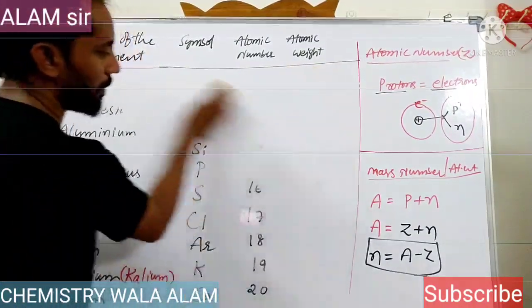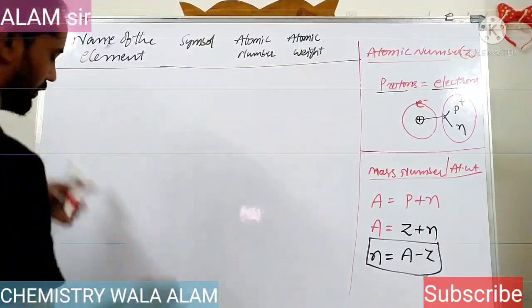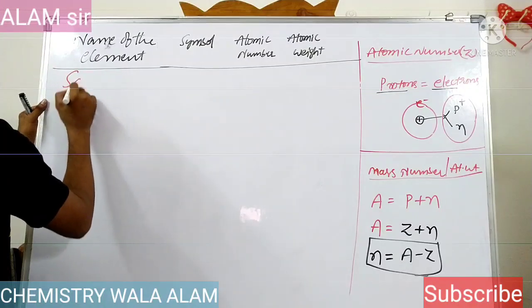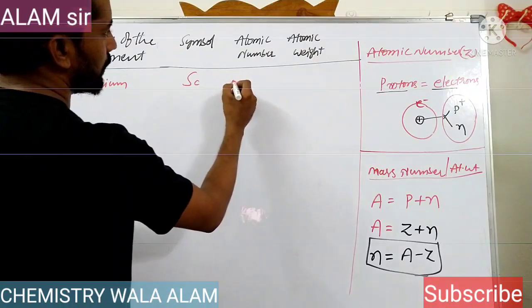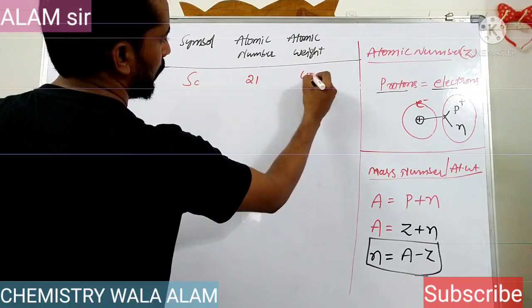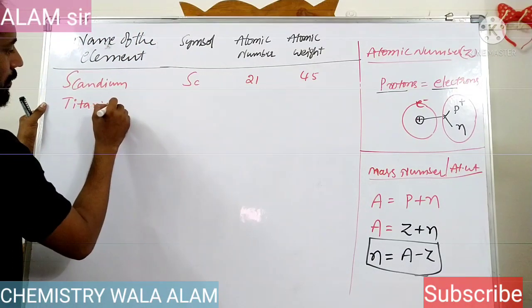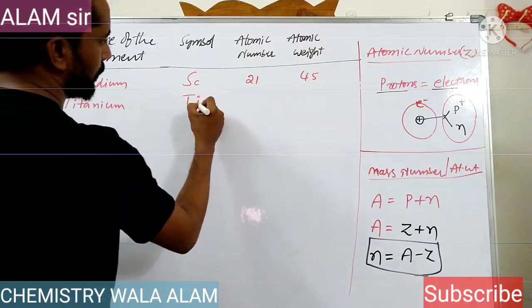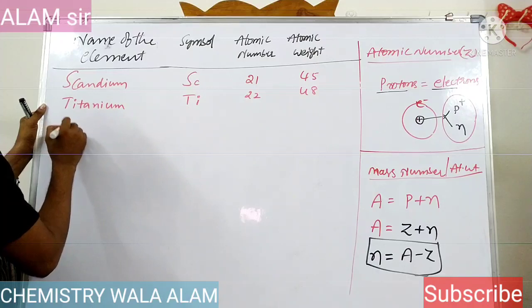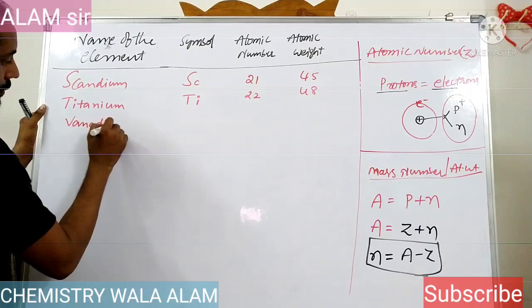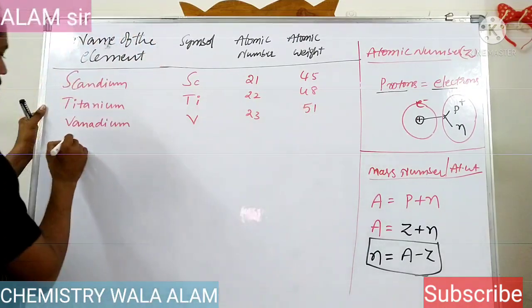Next one is 21, scandium. Sc, atomic number 21, 45. Titanium Ti 22, 48. Vanadium V 23, 51.